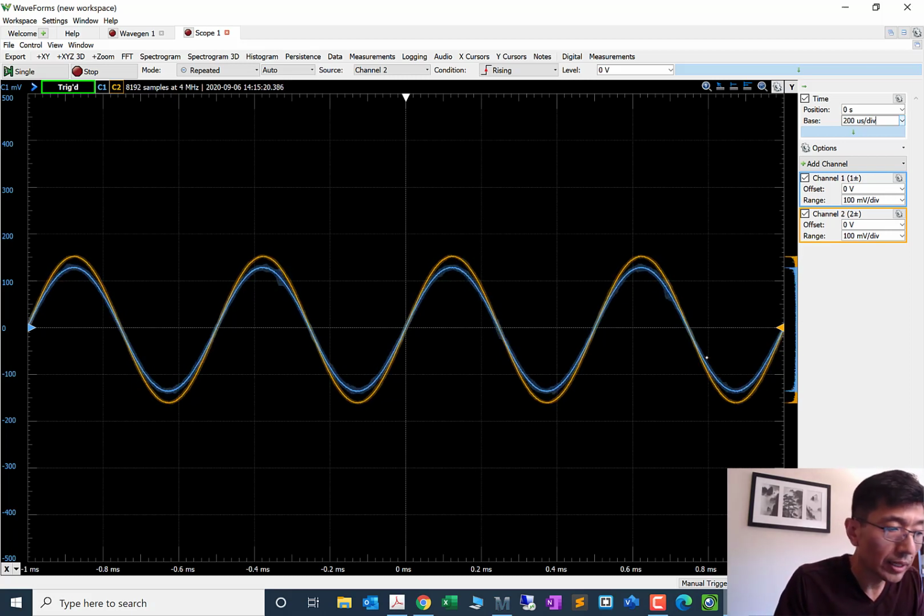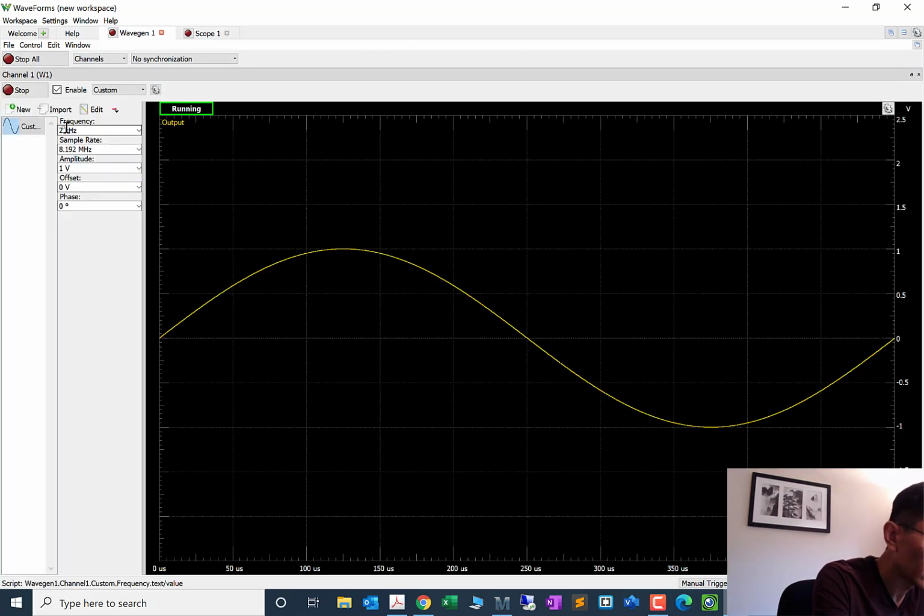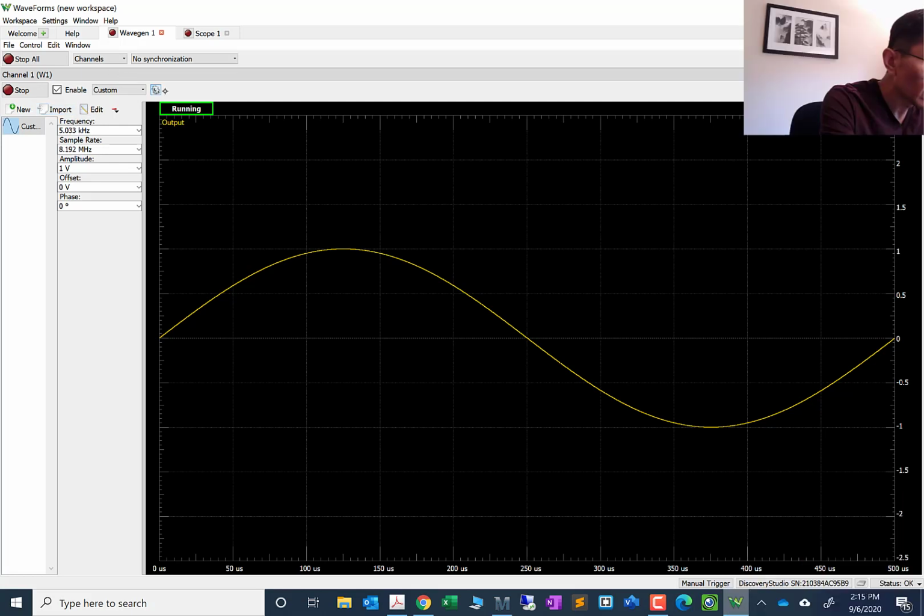And right at the resonant frequency, let's see if I can change this to 5.033. So the frequency changed.